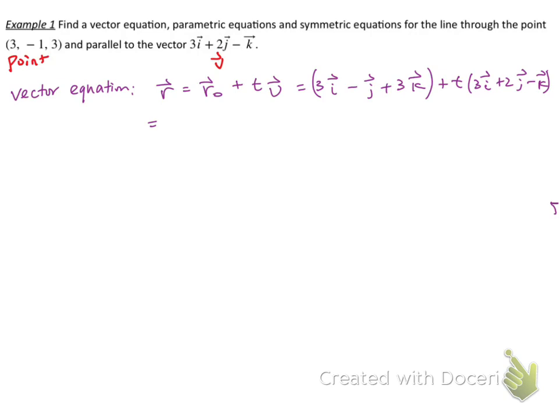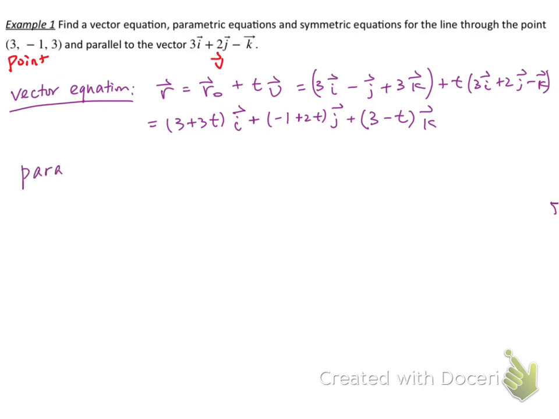For the i coordinate, I'm having (3 + 3t) i. For the j coordinate, I'm having (-1 + 2t) j. Finally, for the k coordinate, I'm having (3 - t) k. That's my vector equation. The vector equation is just one equation because it takes care of the i, j, k components at the same time.